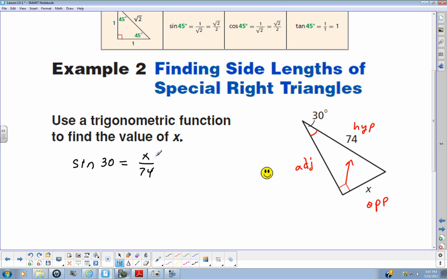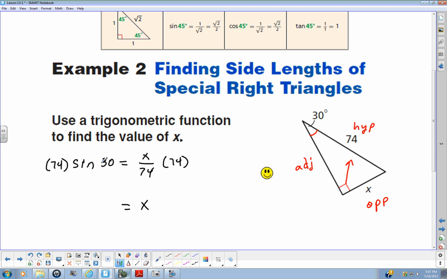And since I'm working with opposite and hypotenuse, that would be the sine function. So I'll replace theta with the angle, the opposite side is x, hypotenuse is 74. Then it's just a matter of solving this equation, so we're going to multiply both sides by 74 and find the value of x.